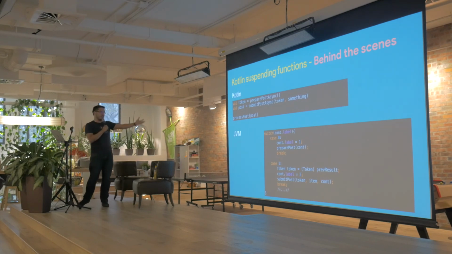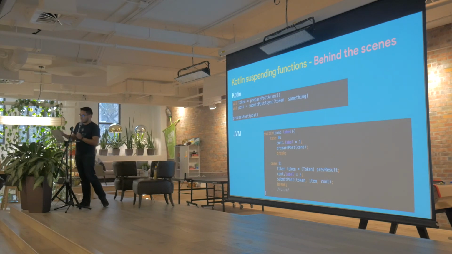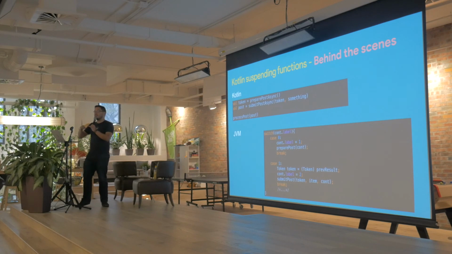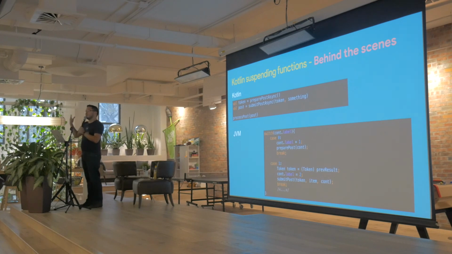In that case, on the first one, it's going to prepare the post, and it's going to say, look, I just passed through 0, next one is 1. So I'm going to prepare a post. When I get the result of that, I'm going to pass through my switch again, and go to the next case, in which I get the token, which comes from the previous result, and I'm going to use it on the next call. You don't really need to know that. It's just to give you an idea of what's going on in the background.